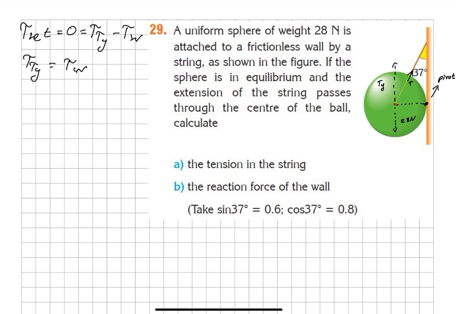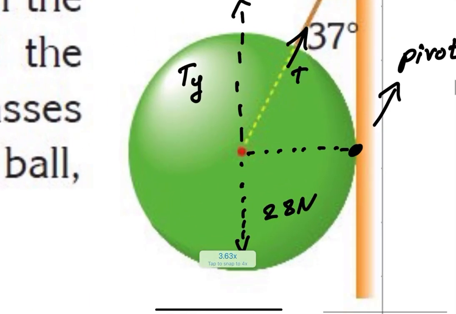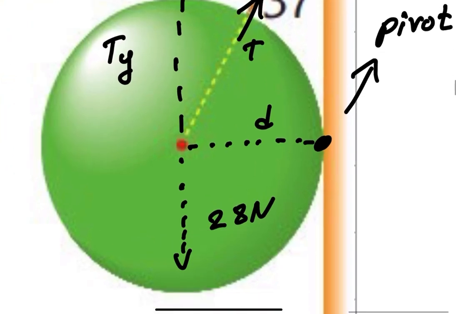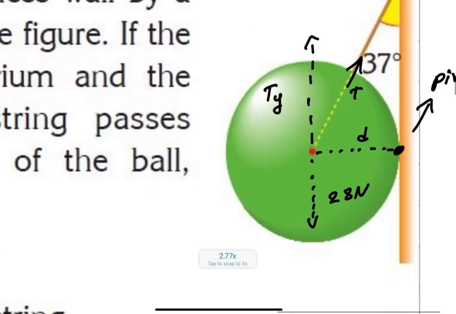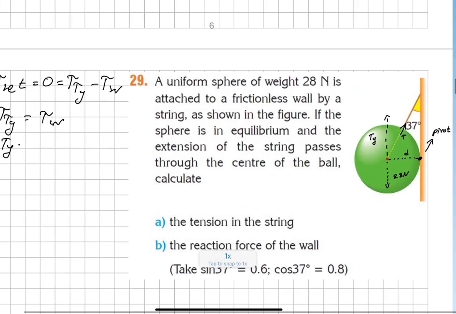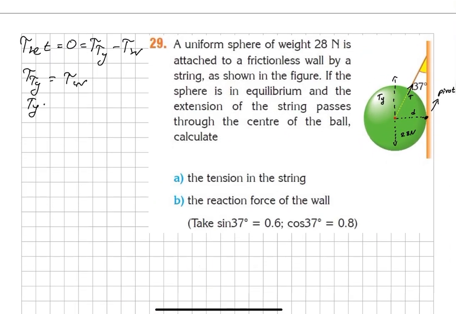So torque of tension by Y can be written as tension by Y times the distance from the pivot. The distance from the pivot for tension by Y and for the weight are the same. It's just D. So tension by Y times D is equal to weight times D. That means tension by Y is equal to weight.